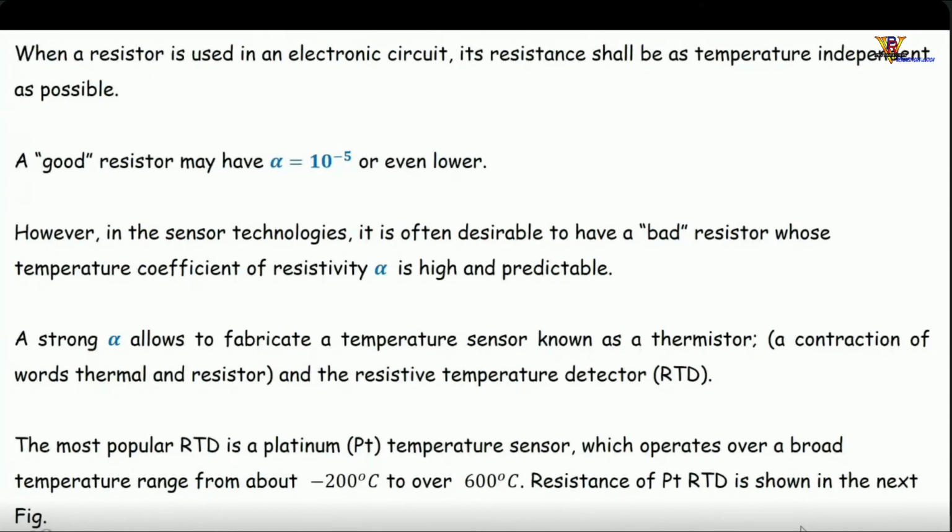A general name is associated with this. A thermistor can also be termed a temperature detector, the resistive temperature detector, RTD. So we can design a sensor known as a resistive temperature detector that can detect the temperature based on its resistivity.